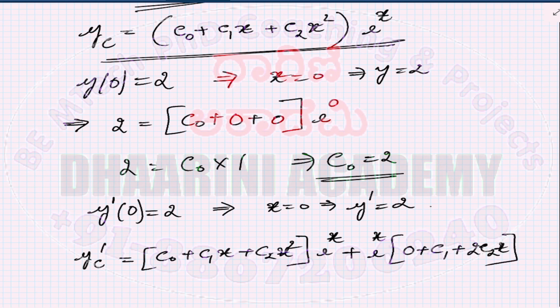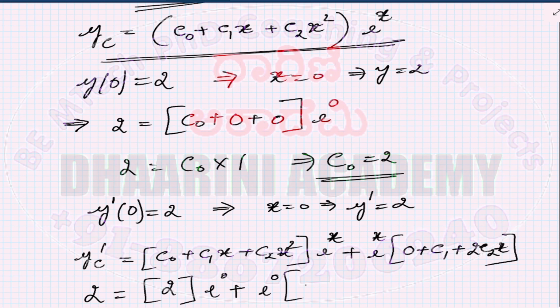Alright, now you substitute the given thing. When x equal to 0, y dash is equal to 2. So y dash is 2 on the left hand side. The C0 value I know. If you remember, the C0 value came as 2 itself. So 2, all other values will go away because x is 0, into e to the 0, plus one more e to the 0. E to the 0 is 1.